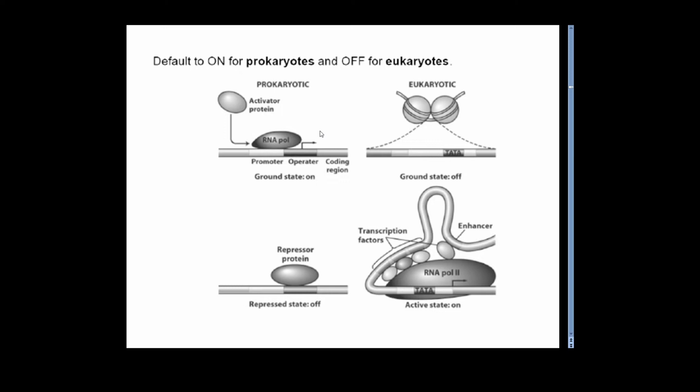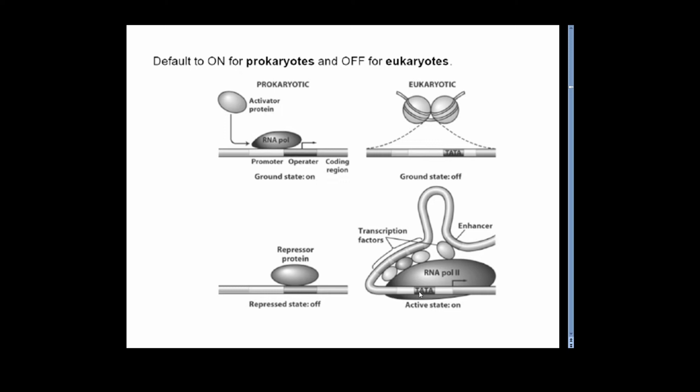For eukaryotic transcription, all of it is much more complex. Binding of RNA polymerase with the promoter, where you can see the TATA box, absolutely does not necessarily lead to transcription.